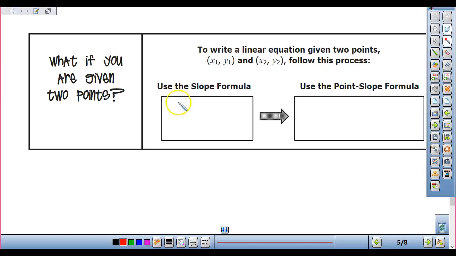What's my slope formula? y2 minus y1 over x2 minus x1. Then you can use your point slope formula.